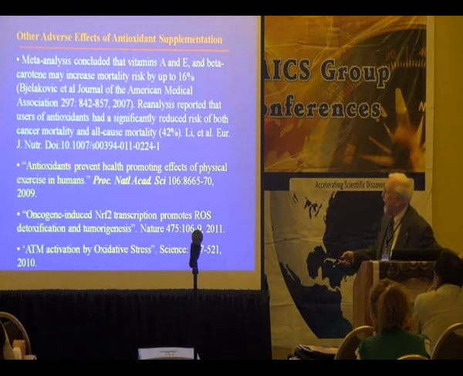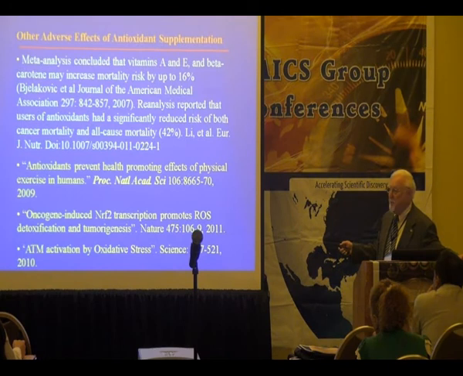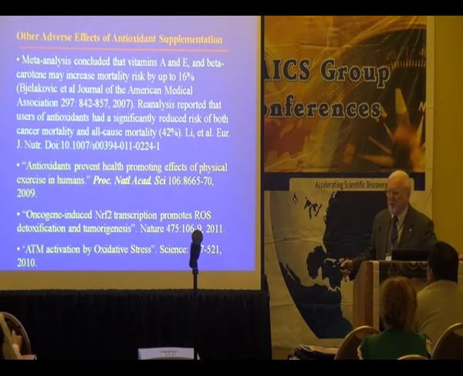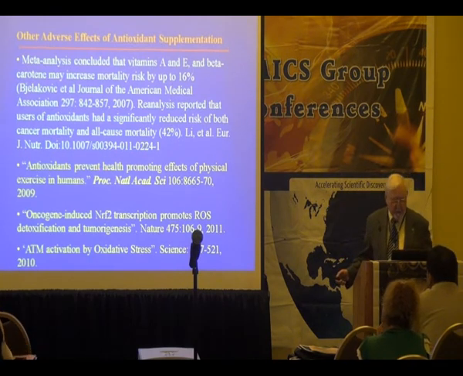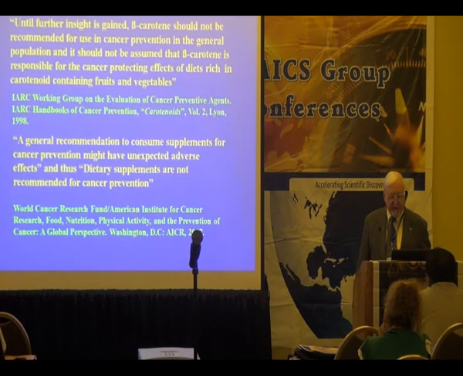It depends on cherry picking the data, but another reanalysis reported a beneficial effect of about 42%. So we know that antioxidants prevent health-promoting effects of physical exercise in humans, and there are a number of other adverse effects.